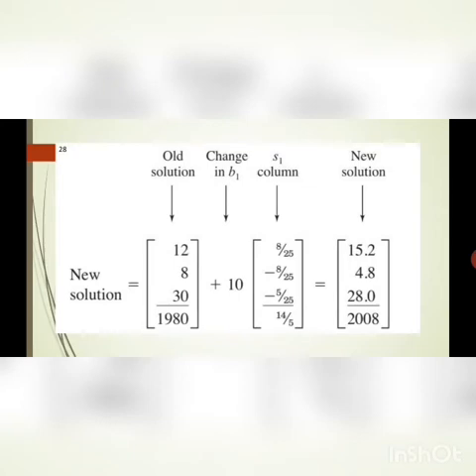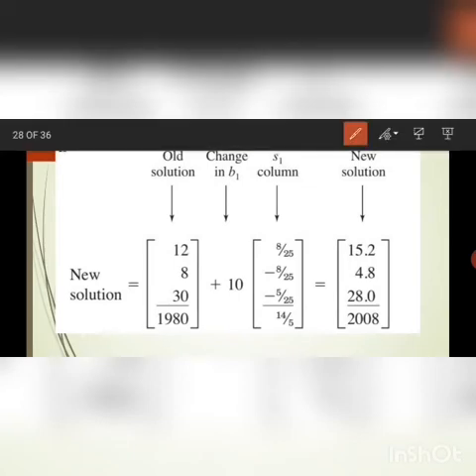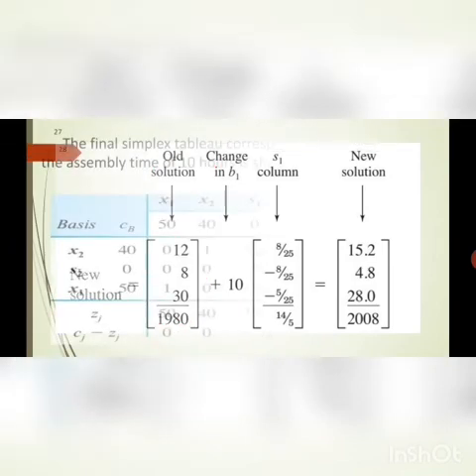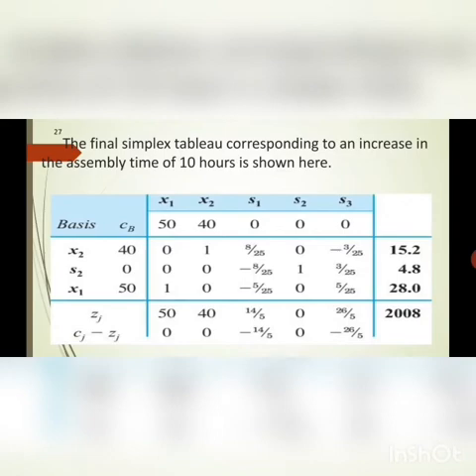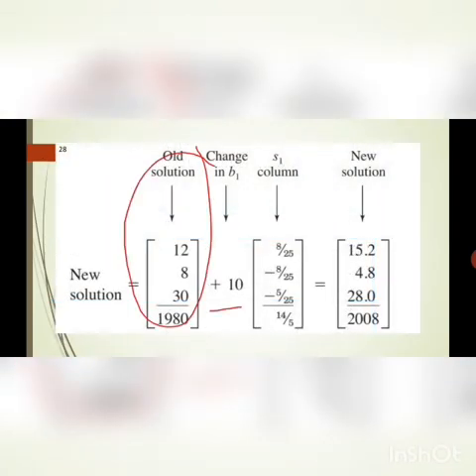So, we have this for the new solution. Here we have the old solution. So, the change in B plus 10. Here, the S sub 1, you'll just copy the S sub 1 column.